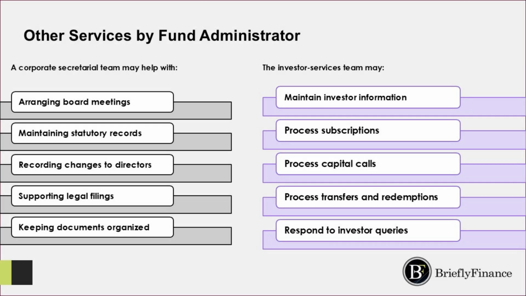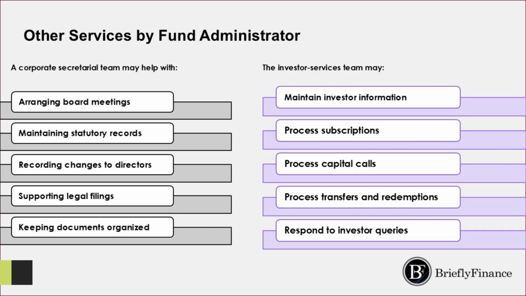But the administrator may also provide other services. For example, a corporate secretarial team may help arrange board meetings, maintain statutory records, record changes to directors, support legal filings, and keep documents organized.